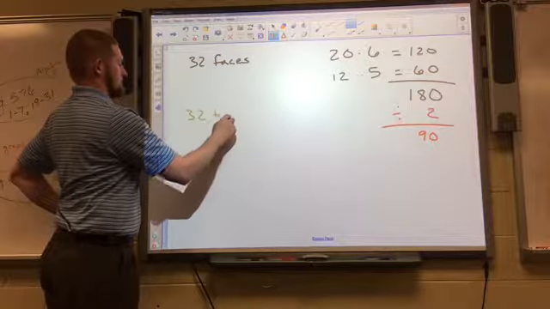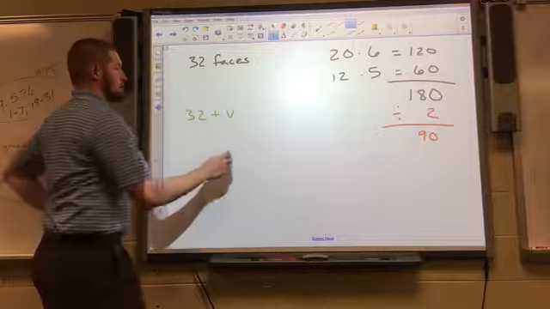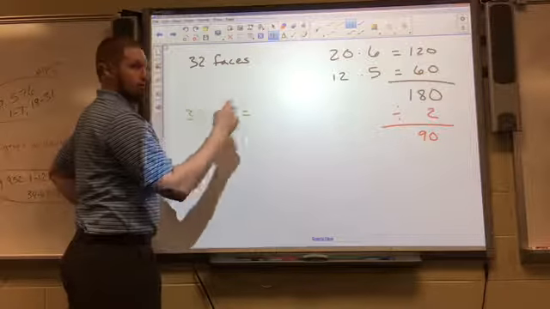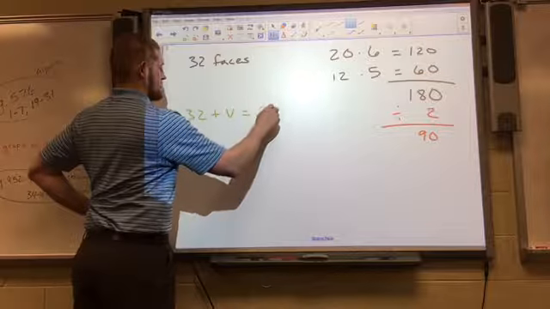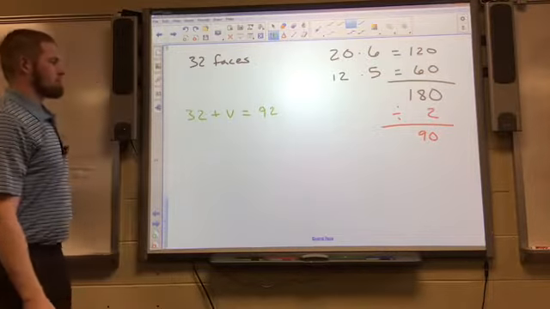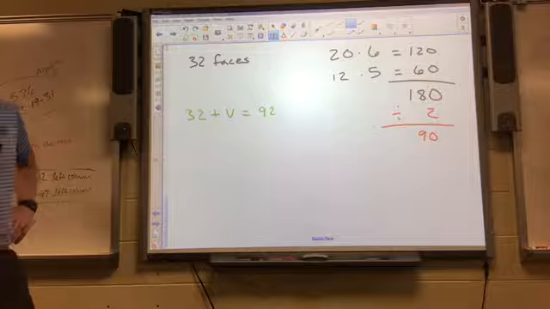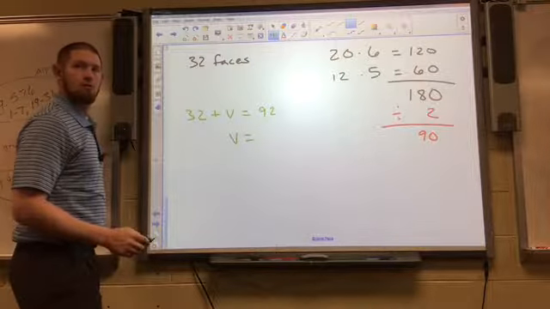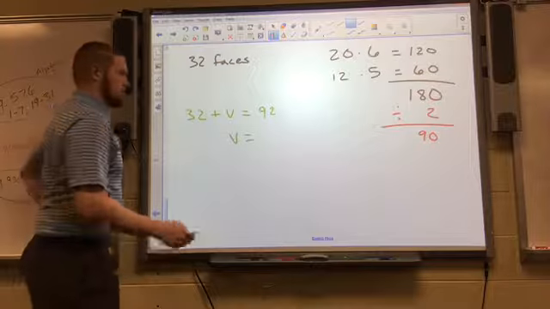Close. Plus V, right? Which is 92, right? Yep, good. So how many vertices do I have? Anybody? 60.